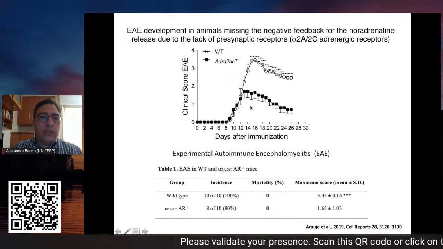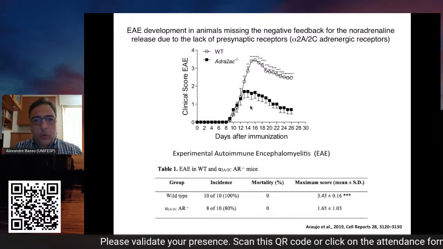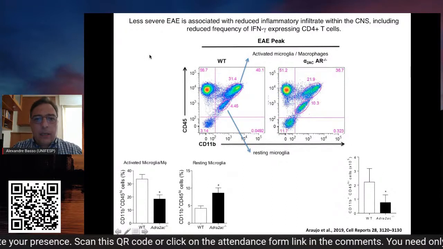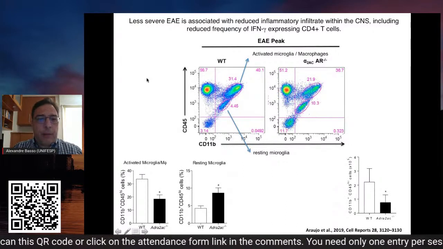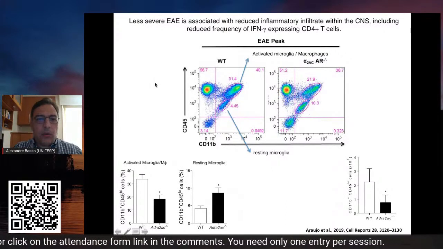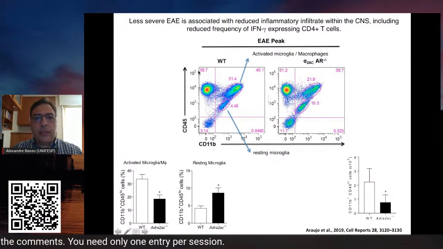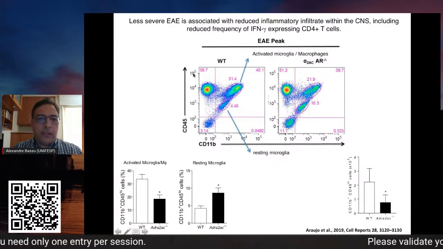We also decided to look at what was going on inside the CNS, the inflammatory response inside the CNS. So here we are looking at the mononuclear cells infiltrating the CNS at the peak of the disease.